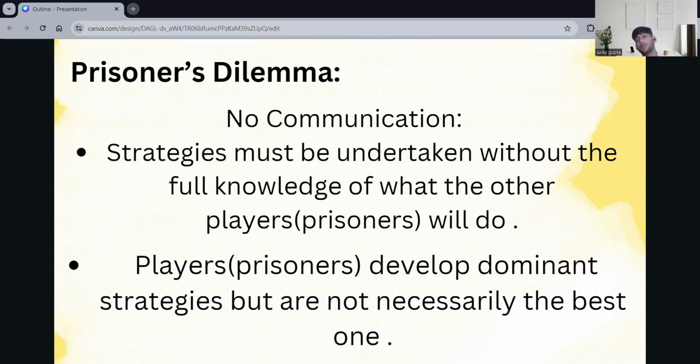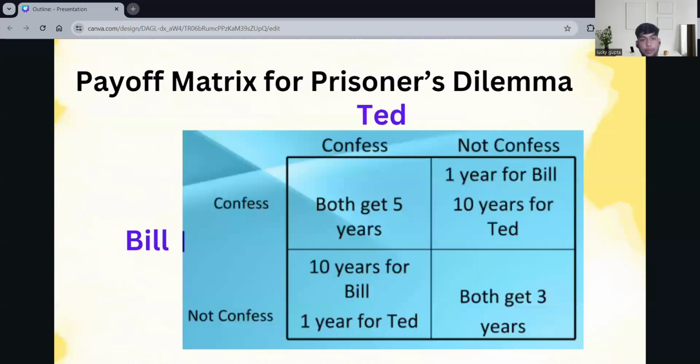The player chooses what is profitable to them but not to the other, so both will go to jail. That's why this is one of the most important things to think about, that we should develop other strategies. This is how game theory works, so that at least both gain some profit.